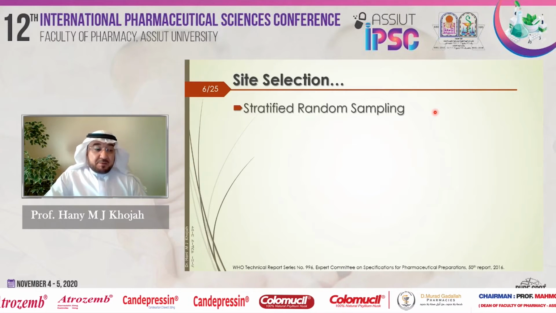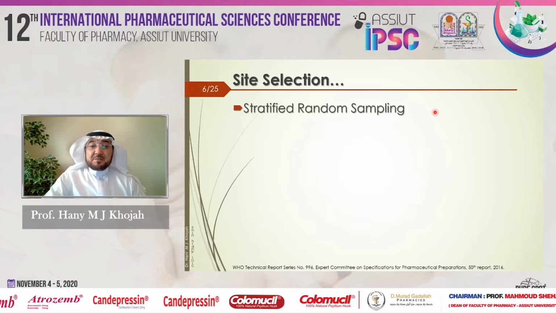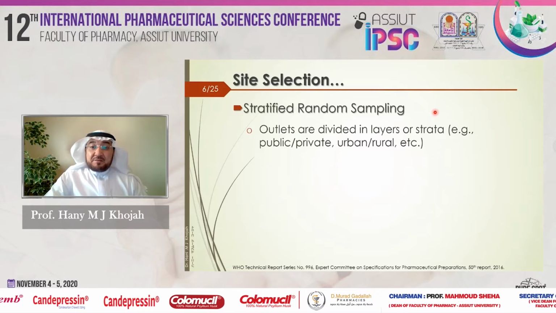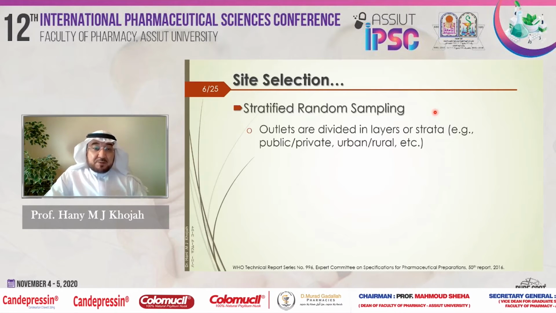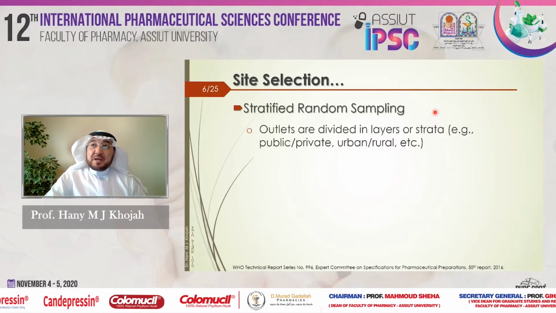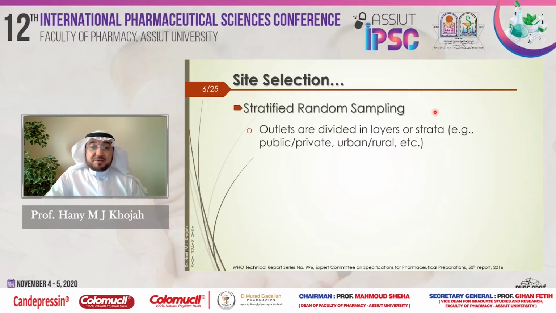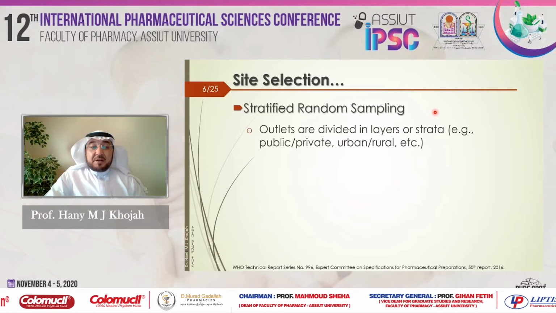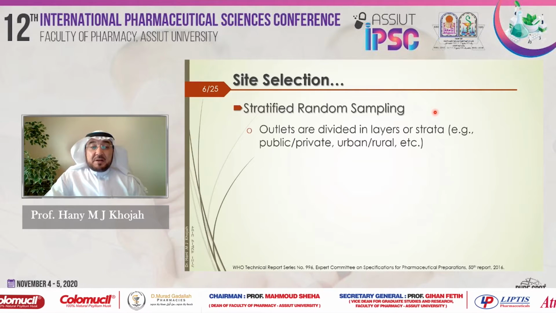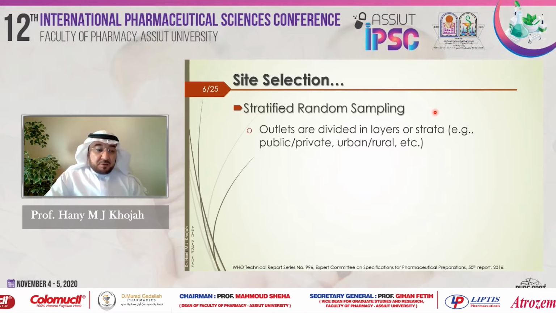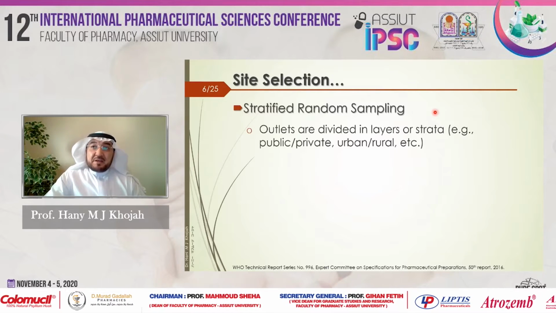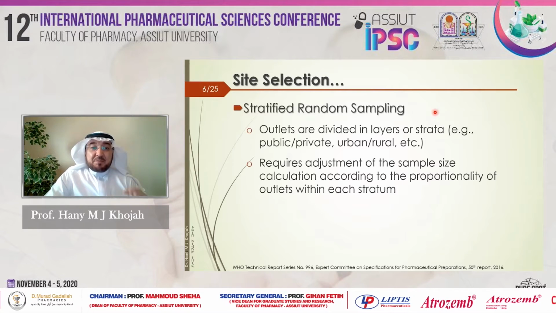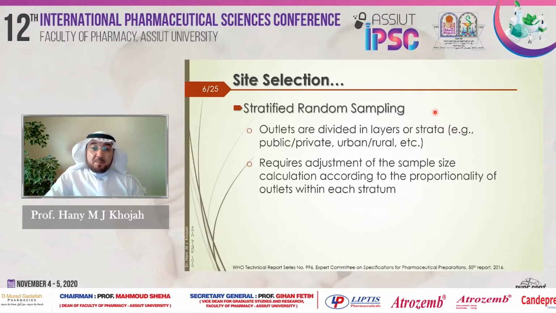Another form of the random sampling is the stratified random sampling. Here the outlets are divided into some strata or some layers. Again, we can study the public sector, the government sector, urban areas versus rural areas. We can divide the countryside, the whole country into geographic regions, or the whole city into several districts, and then we have to sample from every district.